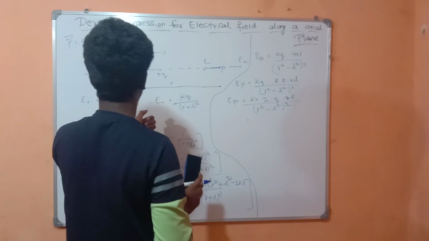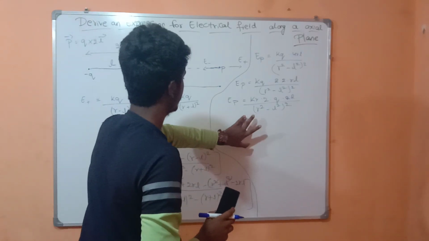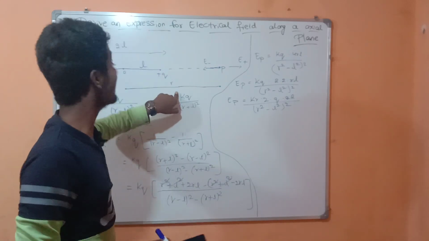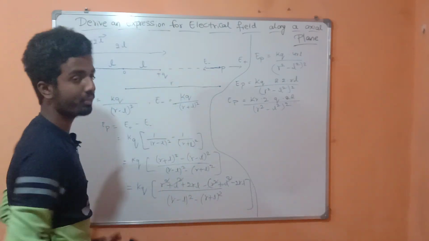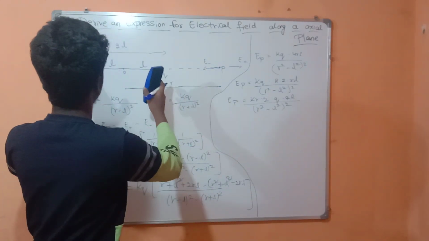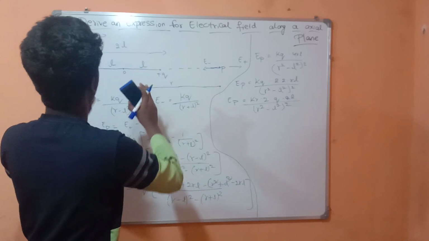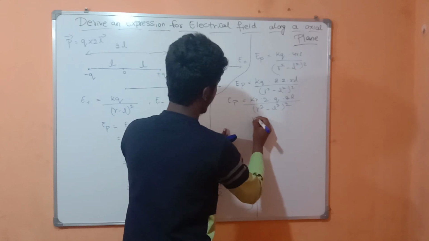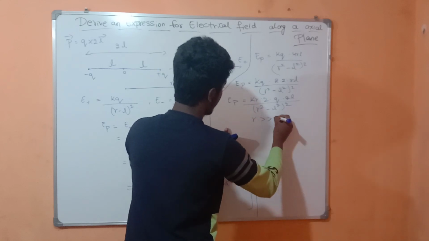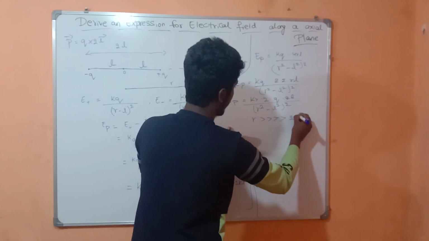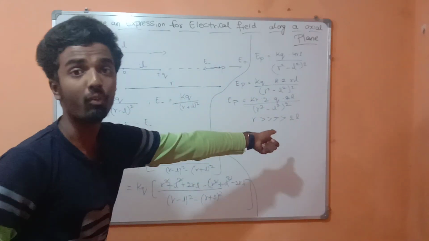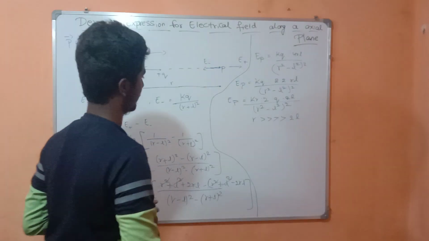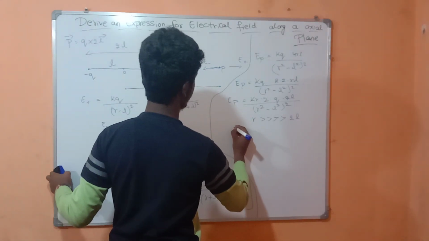See children, R is very much greater than the length of the dipole. What is the length of the dipole? The length of the dipole is 2L.